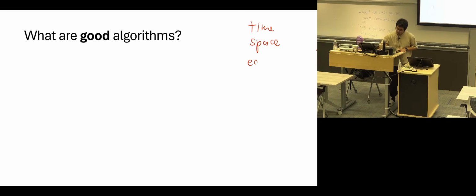Easy to implement. Deterministic. Randomized algorithms are just harder to debug, or they can make errors. Okay, deterministic. What else? Potentially good approximations. If it is approximate, then it should have a good guarantee on the approximation.